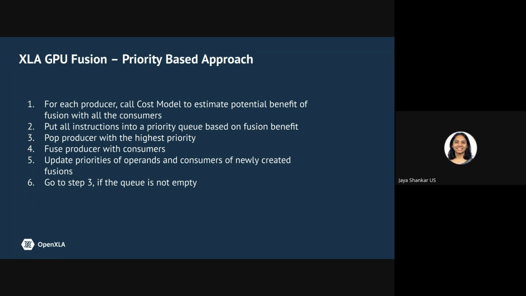What are your thoughts about expanding this for horizontal fusion? Anything that is not producer-consumer fusion? Your thoughts? For now, it'll probably stay a separate pass. No immediate plans to integrate this.